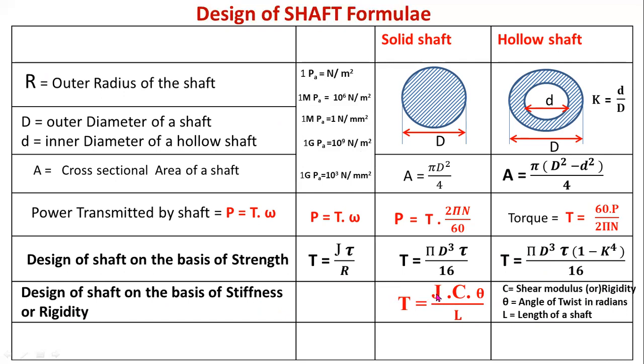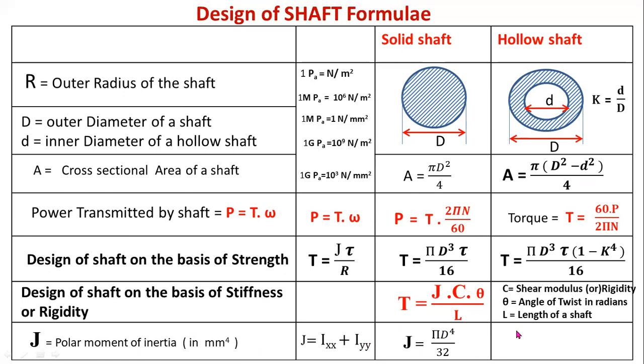And here J is the polar moment of inertia. J equals the moment of inertia about the x axis plus the moment of inertia about the y axis. For a solid shaft, J equals pi d power 4 by 32.